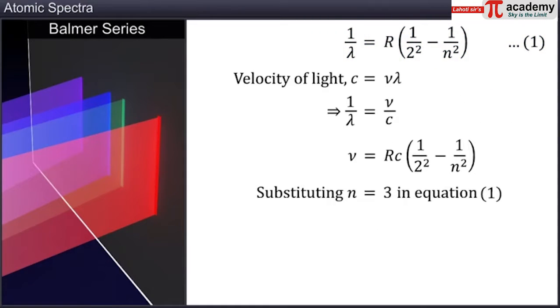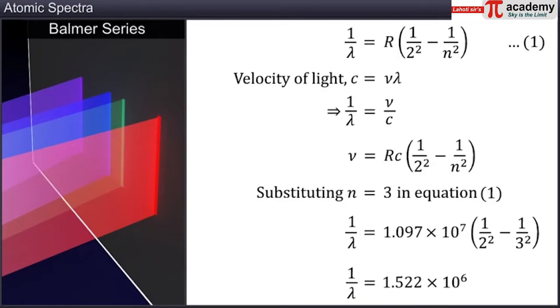Substituting n equal to 3 in equation 1, we get 1/lambda = 1.097 × 10^7 × (1/2² − 1/3²). This is equal to 1.522 × 10^6.